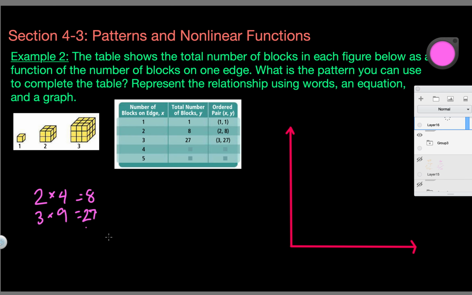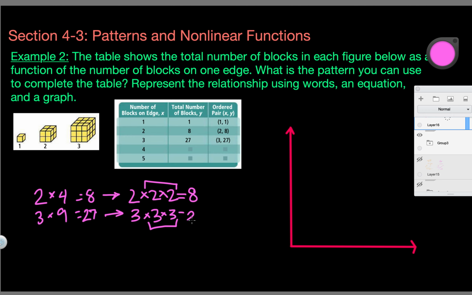Well, that's 9, right? So is there a way that I can represent 4 and 9 in a different way? Yep. 2 times 2 times 2 gives me 8, correct? And this is where that 4 was. Now down here, 3 times 9, but I can represent 9 as 3 times 3, and this is where that 9 was.